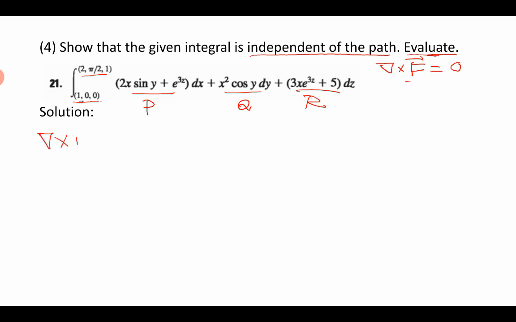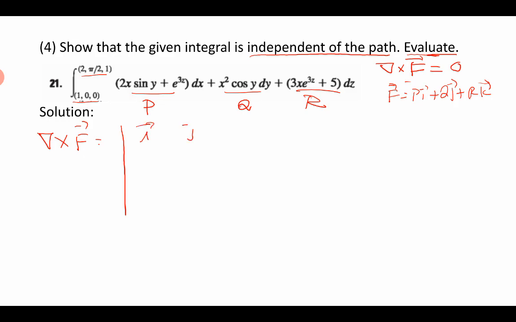We have to verify what is del cross F. F vector has been taken from the given integration. F vector is Pi plus Qj plus Rk. That's given here, PQR in the integration.